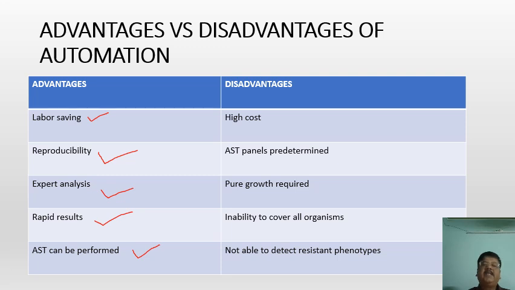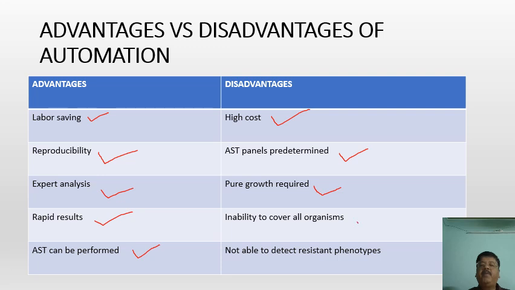What are the disadvantages? High cost. AST panels are predetermined. So if you want to make changes in the AST panel, if you want to customize the AST panel, it's not possible. Pure growth is required. A little bit of contamination and all the things we have utilized will be wasted.